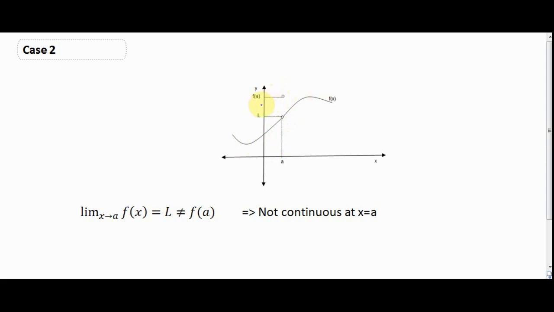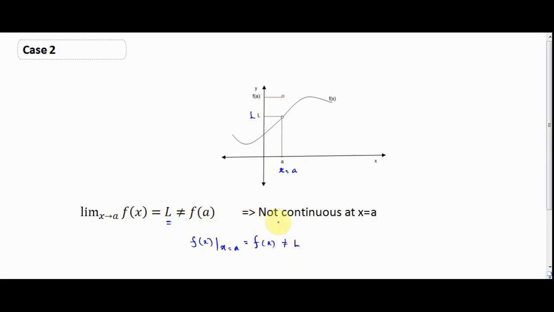When you find the limit of the function at x equal to a, it is found to be equal to capital L. But the value of the function at the point x equal to a, which we represent as f of a, is something different from capital L. It's not equal to capital L.